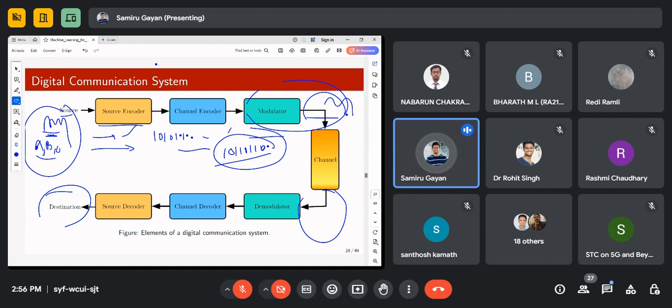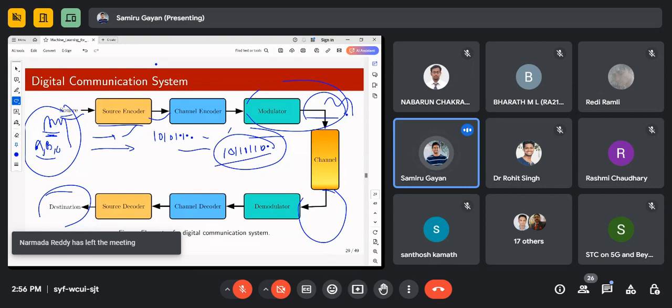Now, by looking at this picture, we can figure out there are a lot of places where we can apply machine learning. For example, this source encoding, how we can think of source encoding in terms of machine learning. Now, I'm not going to discuss source encoding as an example in this talk. That's why I take this here.